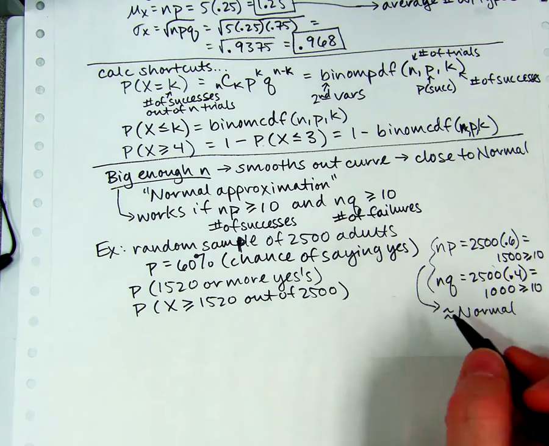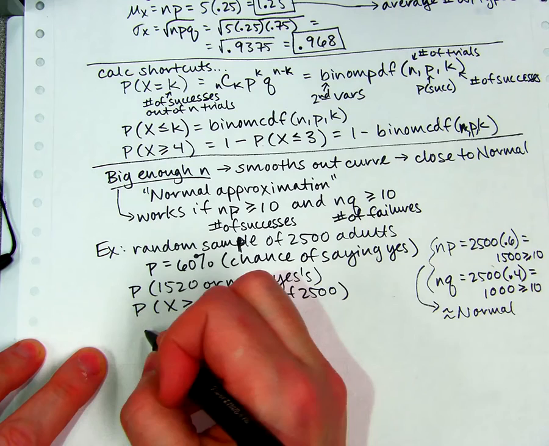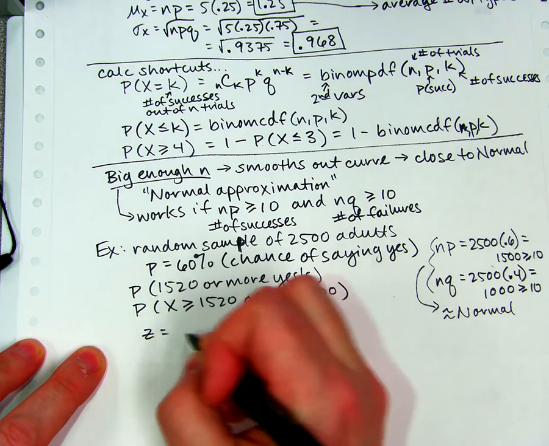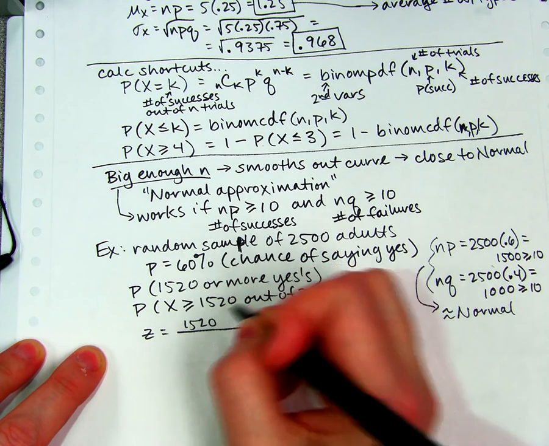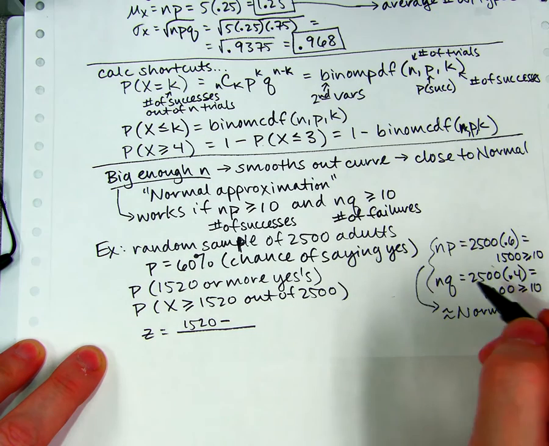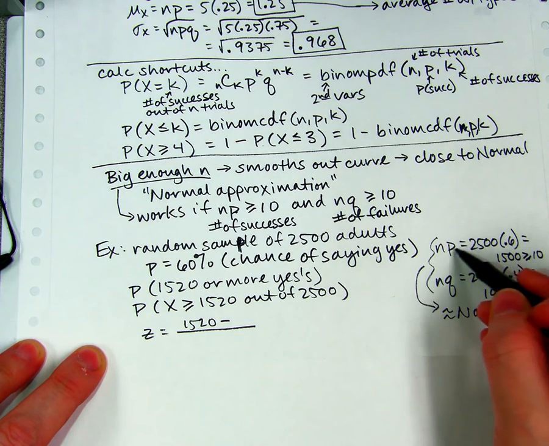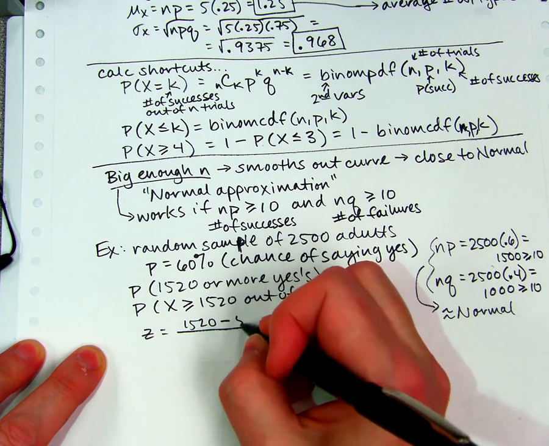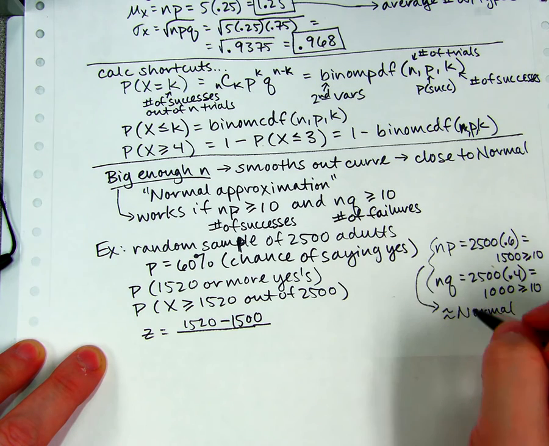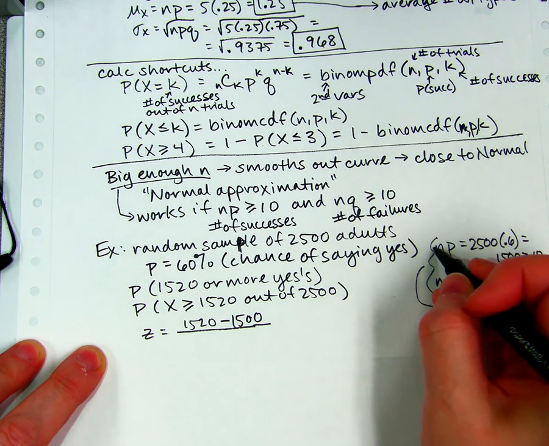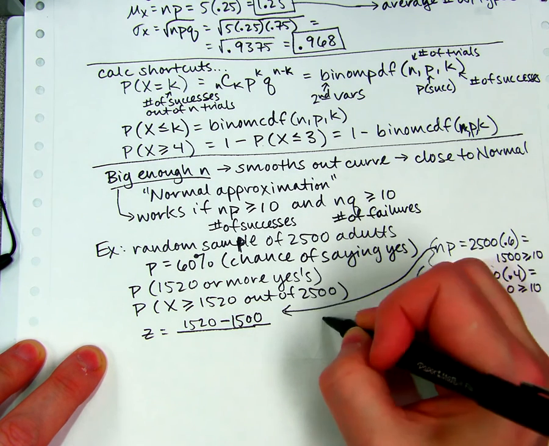So I could do this with a z-score. I could do this by finding a z of my 1520 minus my mean, which by the way, I just found the mean. That NP thing was the mean. 1,500 is how many I expect to have happen. Divided by, I would need to find my standard deviation. So this thing right here ended up down here because that's mu x.